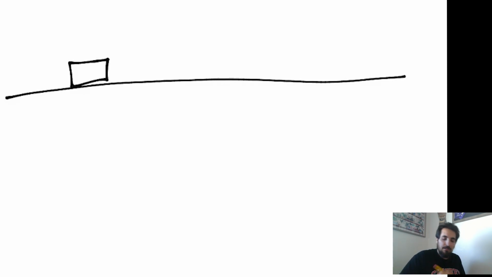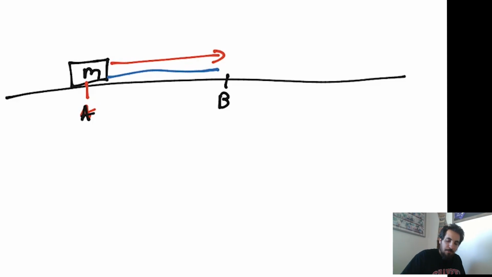So let's take the example of a box of some mass m. This box of mass m is going to move from point A to point B, and then it's going to move from point B back to point A. This is again a closed path because we begin and end at the same place.